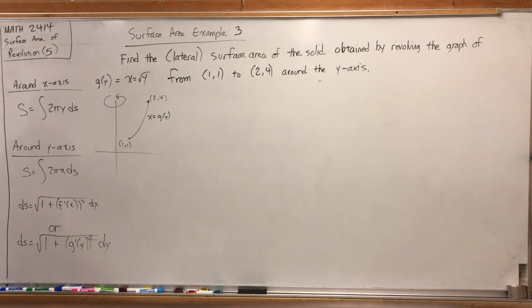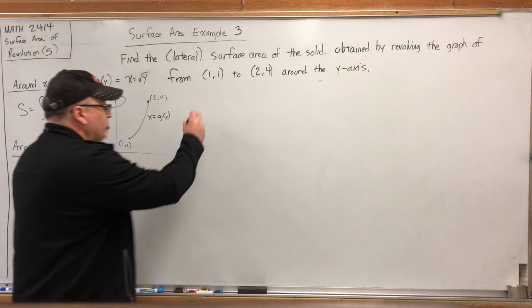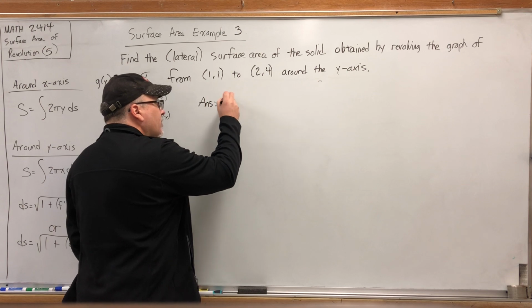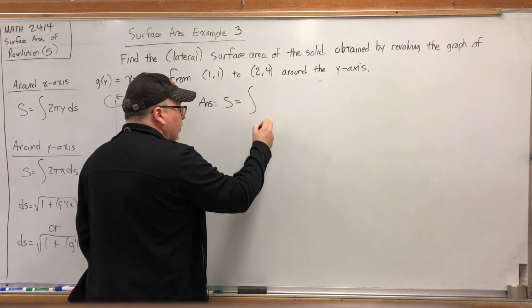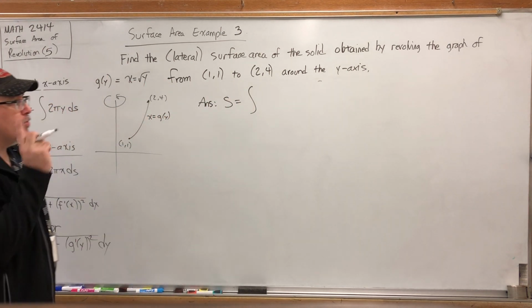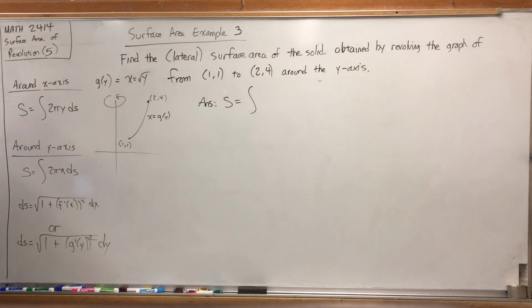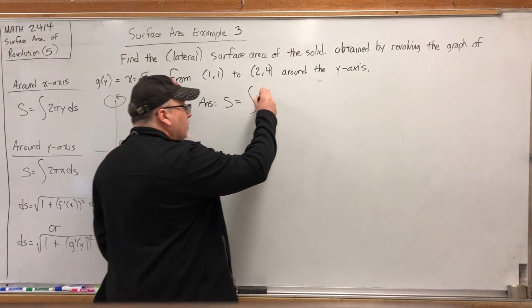All right, so if we're going to think of this as a function of y, then our surface area is going to be the integral. Let's give you the same thing as it was before. We're rotating it around the y-axis. The axis of rotation dictates what the radius is. In this case, it's the opposite. It's always the opposite variable, so it's still going to be 2 pi x.